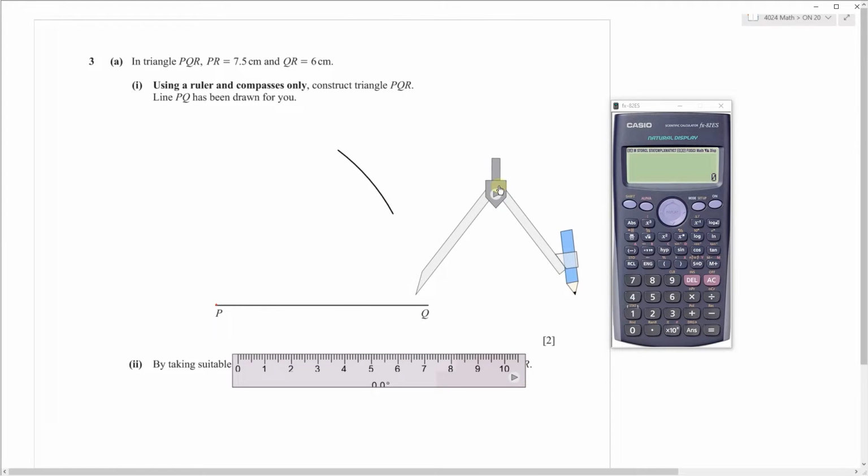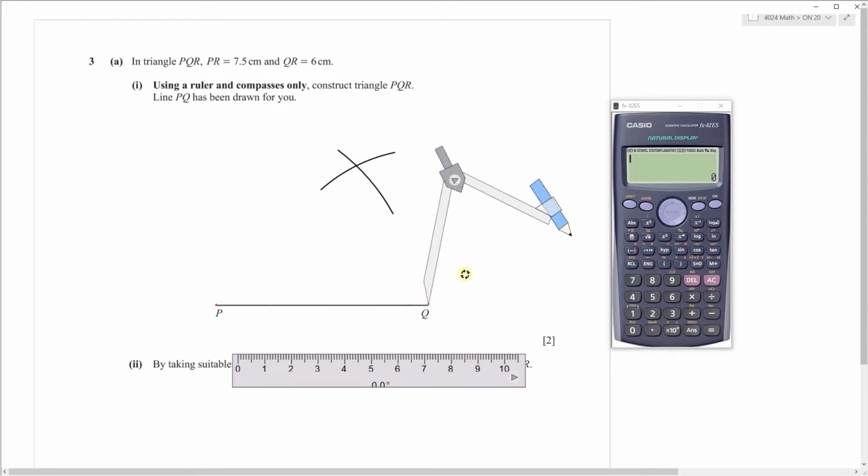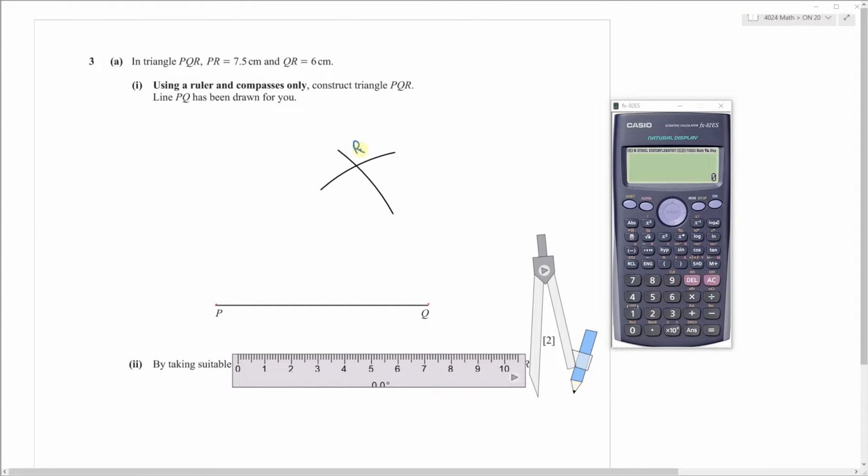And then I'll place it at Q now and then draw the arc. So this will be my point R, and then I can join it with P with a straight line like this, and also join it with Q with a straight line as well.